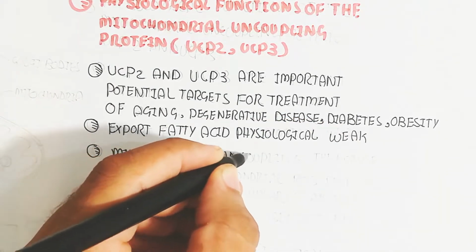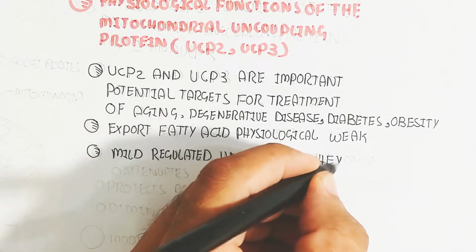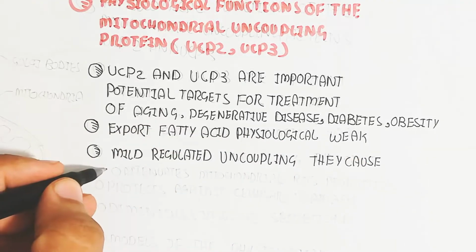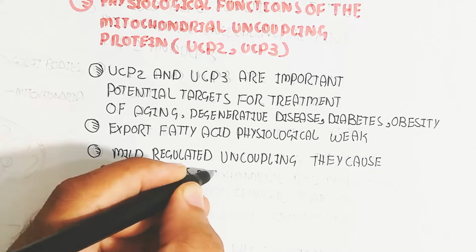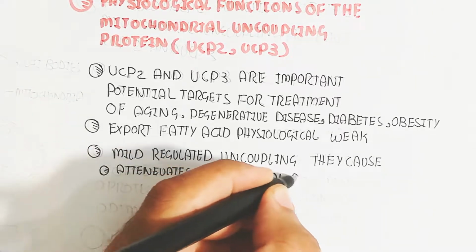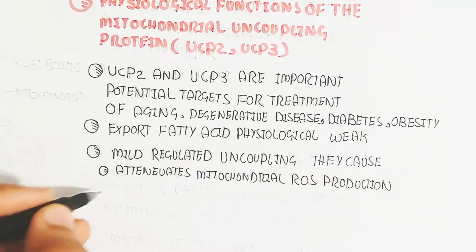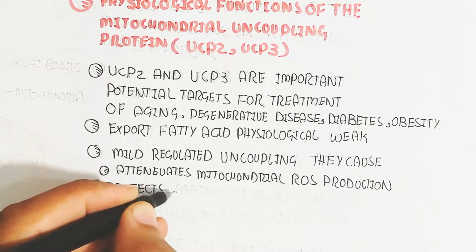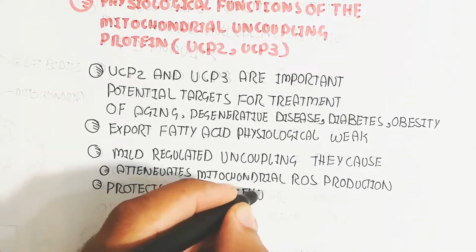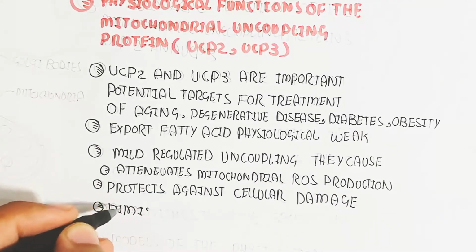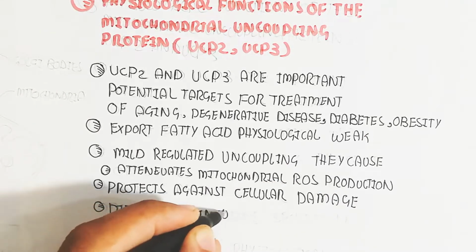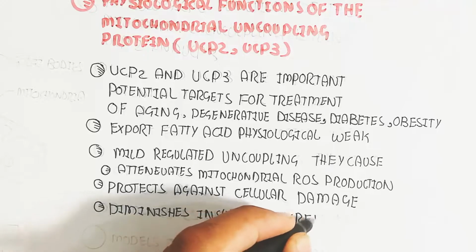This attenuates mitochondrial reactive oxygen species production and protects against cellular damage. The UCP is also involved in protection against cellular damage, and it diminishes insulin secretion. In this way, it will inhibit the secretion of insulin.